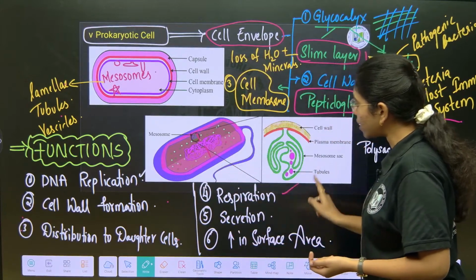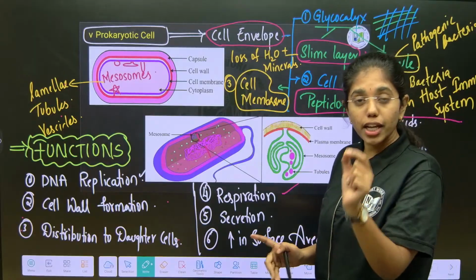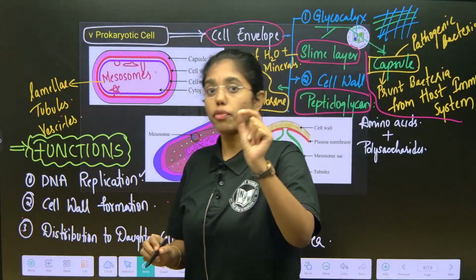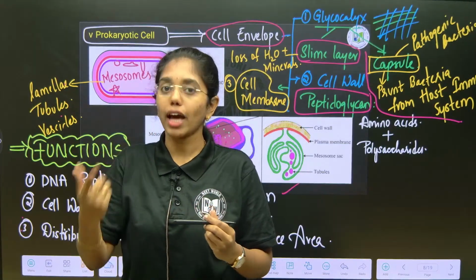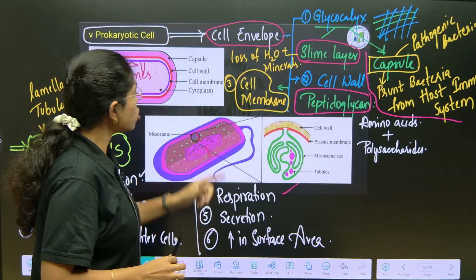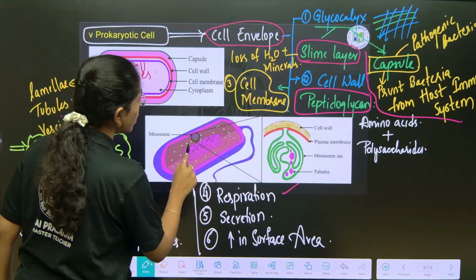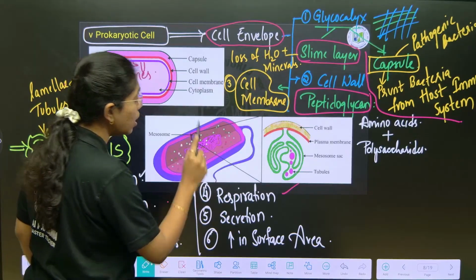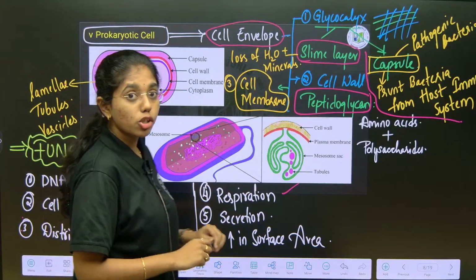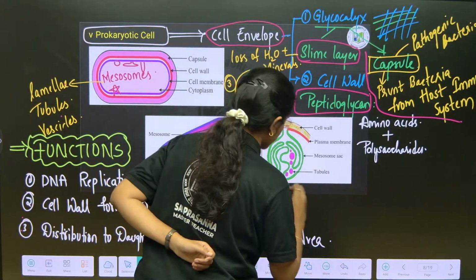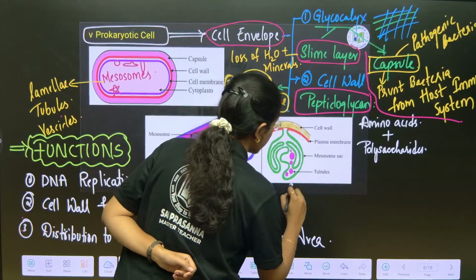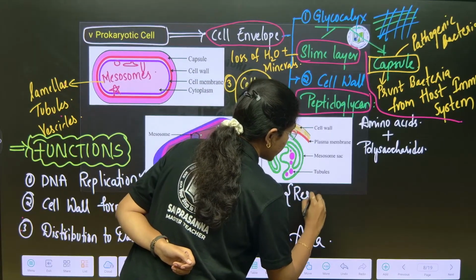Next is respiration. There is a major statement that mesosomes of a prokaryotic cell are equivalent to mitochondria of a eukaryotic cell, because mesosomes here will be releasing respiratory enzymes into the cytoplasm.